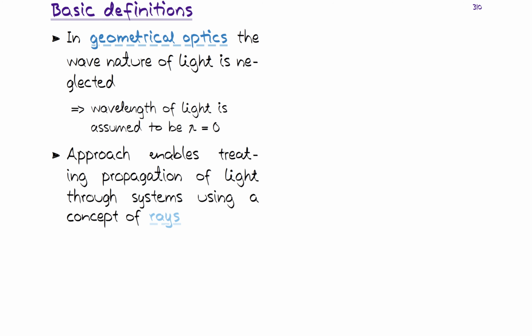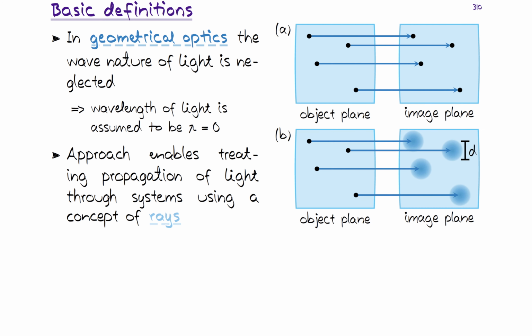And what this means is that we can basically neglect diffraction effects, and then we can just do our treatment of propagation of light through the system by using the concepts of rays, as we have already mentioned in the previous chapters. And this is quite nice because this really helps our understanding and treatment of the system.